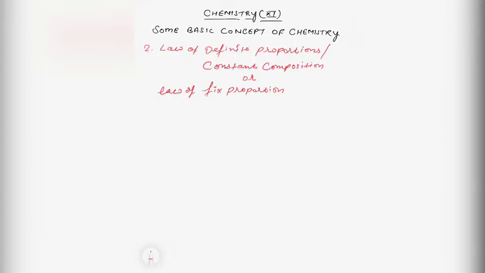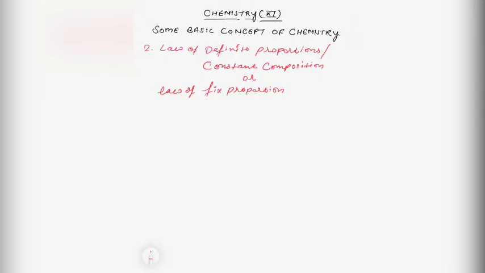So in our previous lecture we have discussed the laws of chemical combinations. Today our topic is the law of definite proportion, or law of constant composition, or we can say another name is the law of fixed proportion.